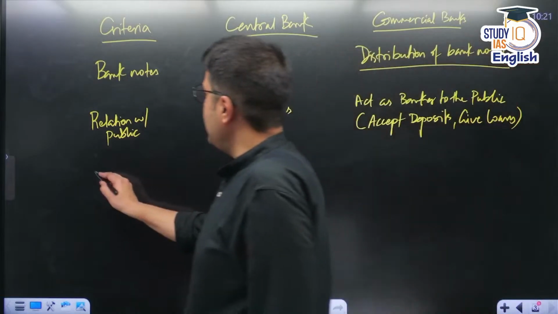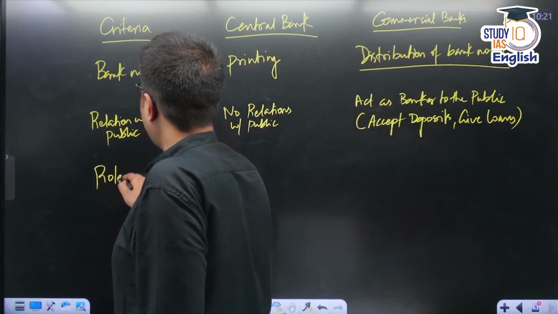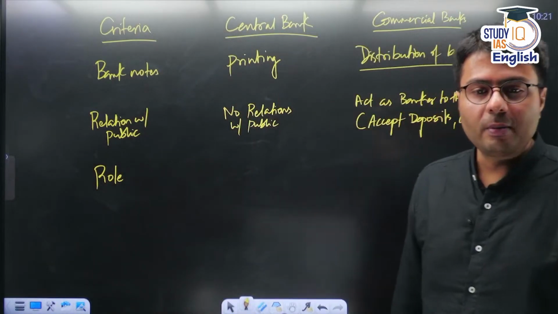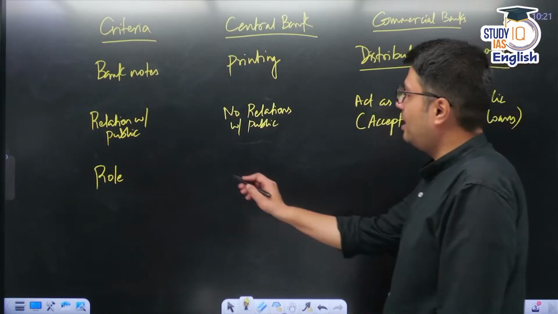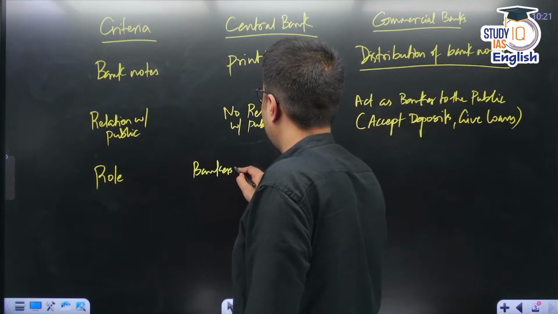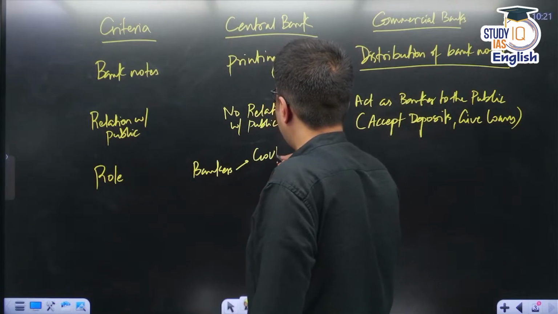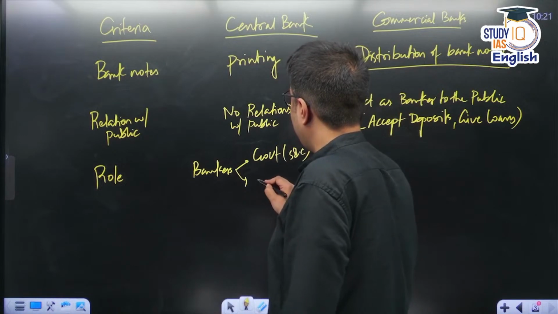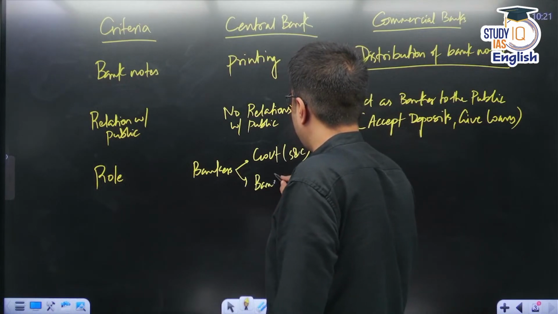Now, what is the role of central bank and commercial banks in Indian economy? Central banks act as bankers to both government, both state and central government, as well as other banks in India.